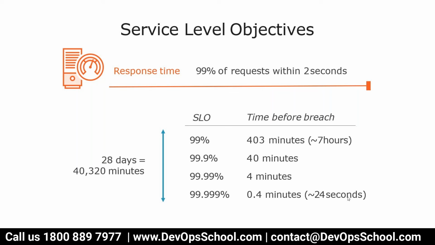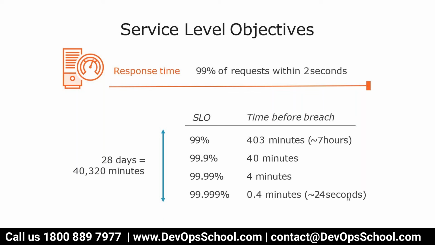If you commit to a 99% SLO, then you will have approximately 403 minutes to address any errors coming with the response time. But if you commit to 99.9%, then you'll have 40 minutes in your hand in a month to fix those issues.